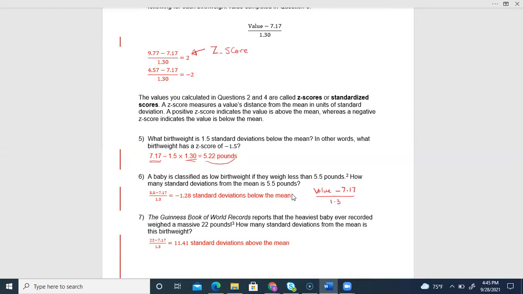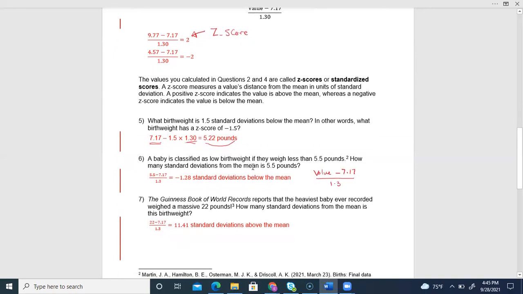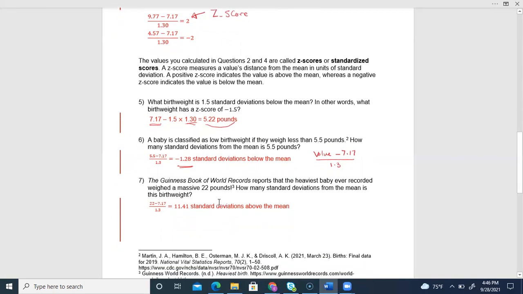So I take 5.5 minus 7.17, then divide by 1.3. My answer is negative 1.28, which means 1.28 standard deviations below the mean. And this makes sense, since the weight is less than the mean, so the z-score should be negative.